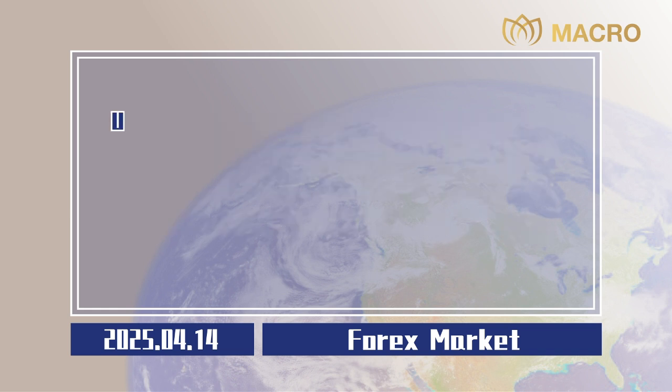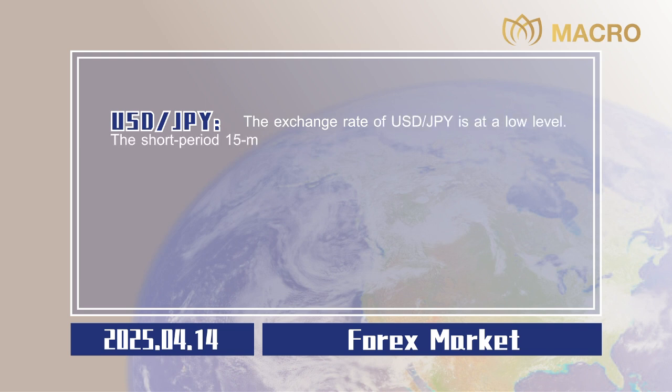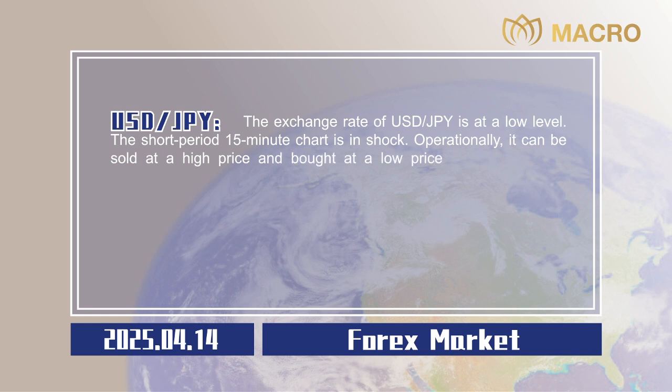0.0020. US dollar to Japanese yen. The exchange rate of US dollar to Japanese yen is at a low level. The short-term 15-minute chart is in shock. Operationally, it can be sold at a high price and bought at a low price in the interval of 142.24 to 143.24.